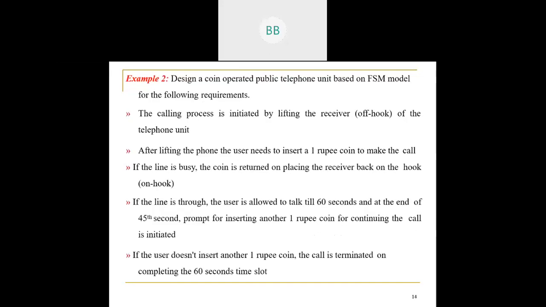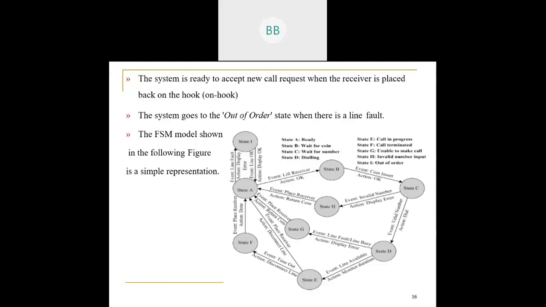The next example that can be implemented using the FSM model is the public telephone unit. This application consists of 9 states. State A is called the ready state.